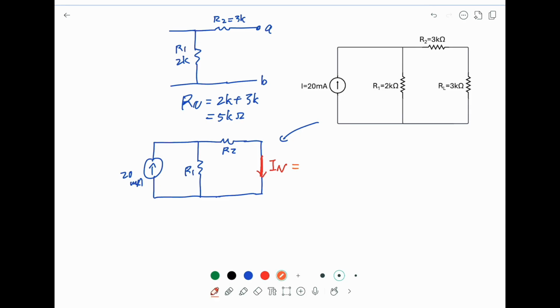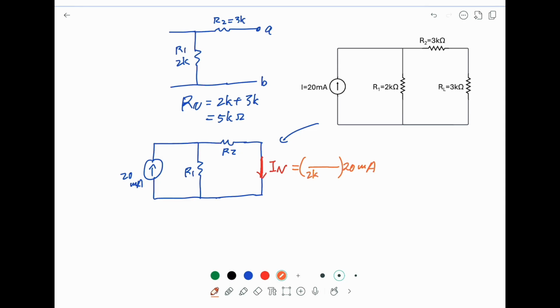And it's proportional to the 20 milliamp. And the denominator of the proportional constant is the sum of R1 and R2. The numerator is the resistance of R1. So you will find this is equal to 8 milliamp.